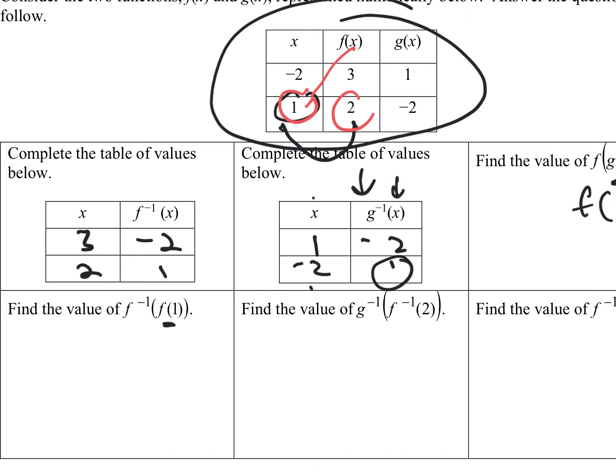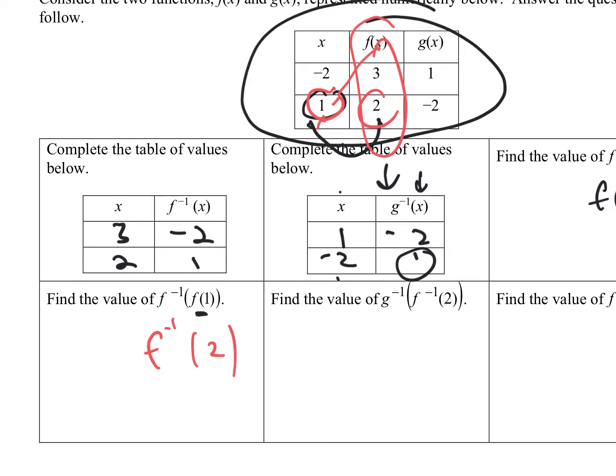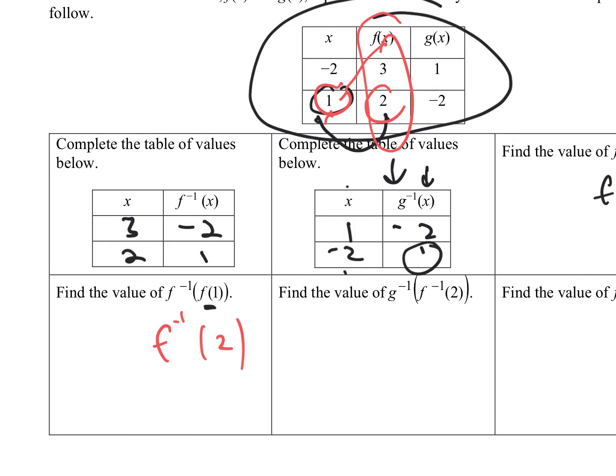So I'm going to write now f inverse of a 2. Now you can go to the f inverse table, or you can go up and find the y value of a 2 in the f column and say it's going to be a what? A 1. Or you could go to the 2 on the x of the f inverse table and say it's going to be a 1. So it's the same answer.